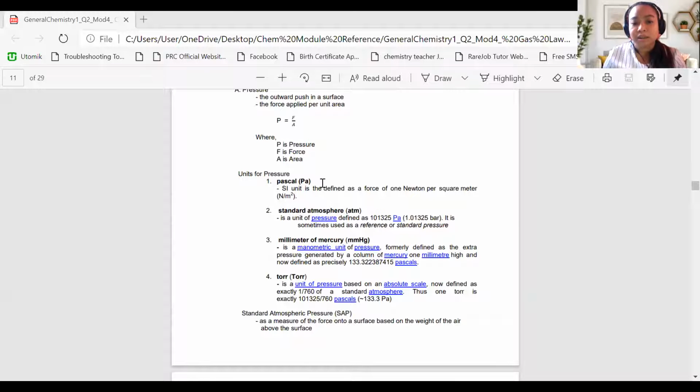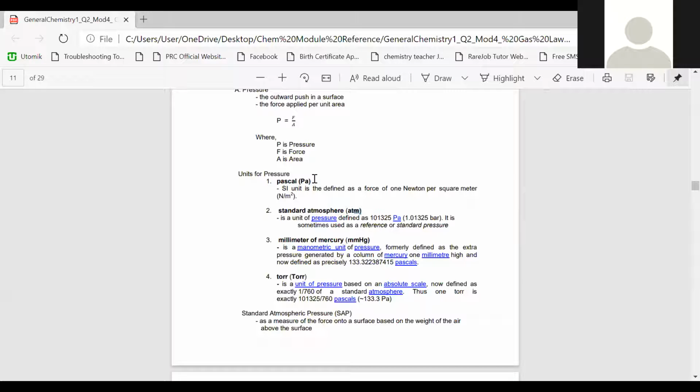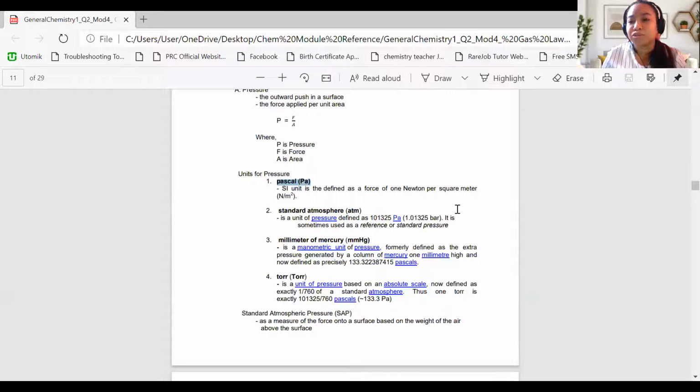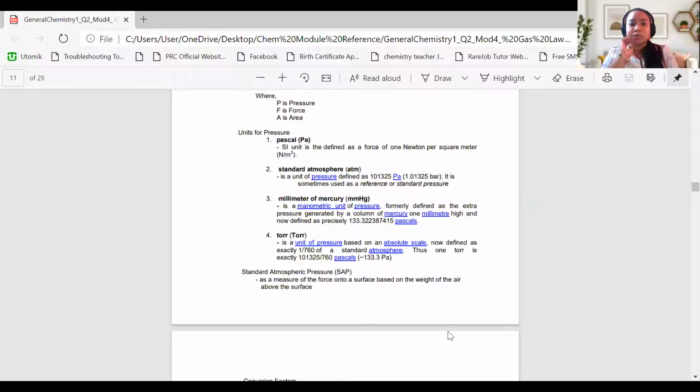We have the Pascal, which is the SI unit for pressure. Even though Pascal is the SI unit, most of the calculations use ATM or atmosphere. So the unit of pressure is mostly expressed in ATM.